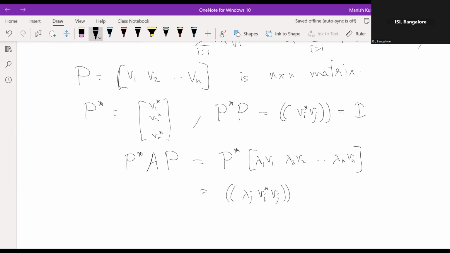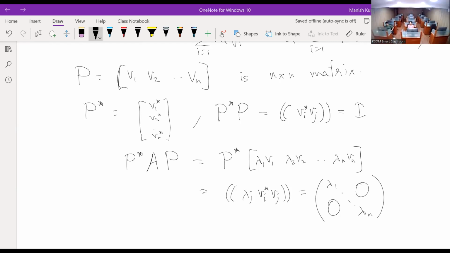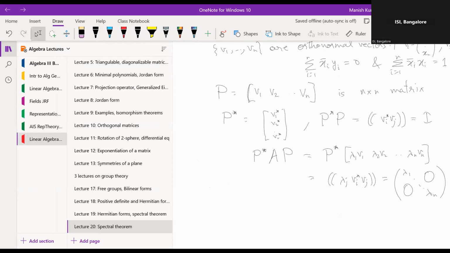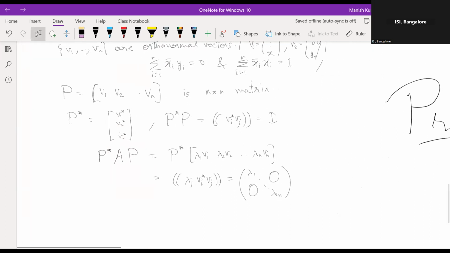Of course, if i is different from j, then this is 0, and if i is equal to j, then it is lambda j. So it becomes diagonal with lambda 1 to lambda n. Is this okay? Yes, yes. So this proves the matrix form of the spectral theorem as well.